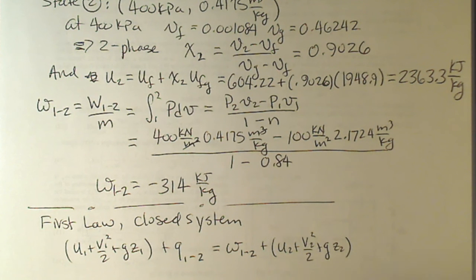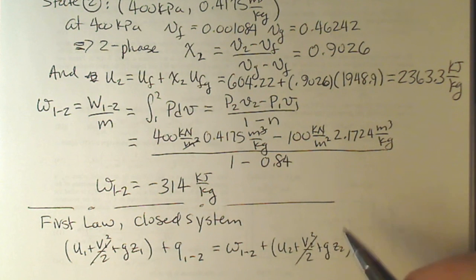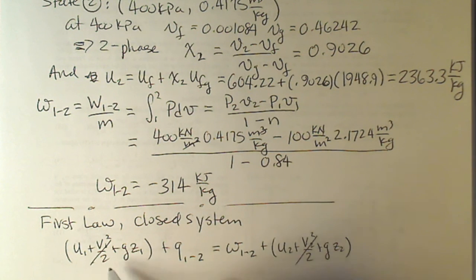As we have noted before, for a stationary system, a system that's not moving, this piston and cylinder arrangement is sitting still, the initial and final velocities are the same, 0, and there's no elevation change. And so we can see that the heat transfer to the system will be equal to the work plus the increase in internal energy of the system.